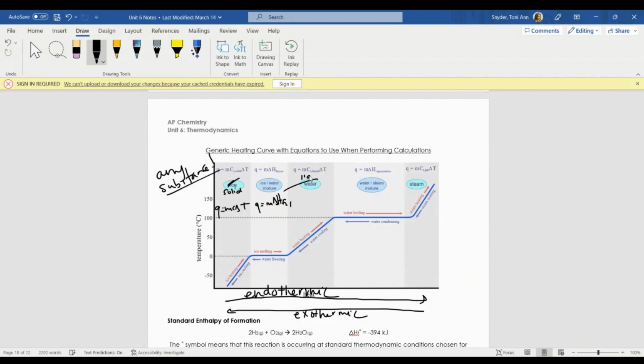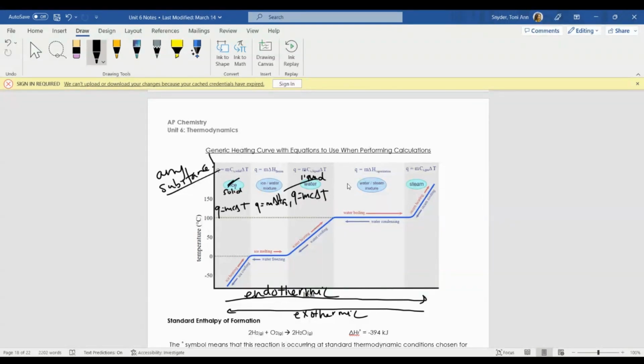If I have a liquid and I'm raising the temperature of the liquid, but I'm not going through a phase change, I would use the equation again, Q equals MC delta T, to calculate the heat energy absorbed or released when I simply change the temperature of a liquid.